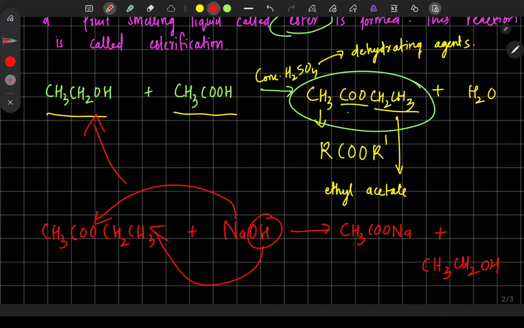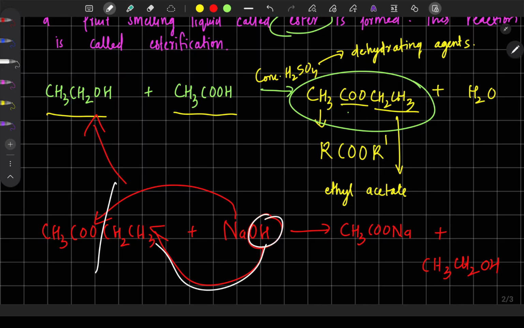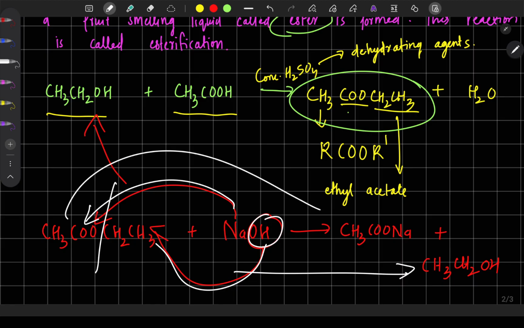So it will split into two halves, and OH will go with this to form ethanol, and this Na will go here to form this salt.